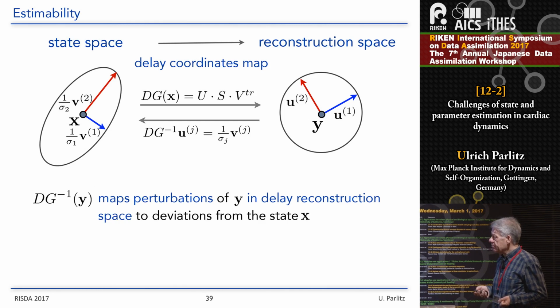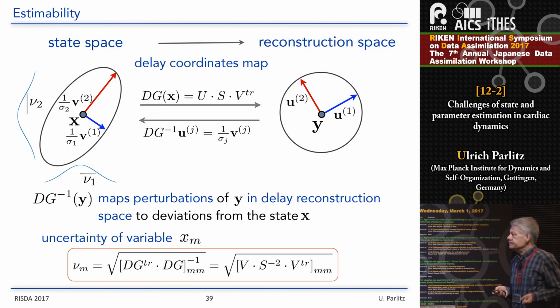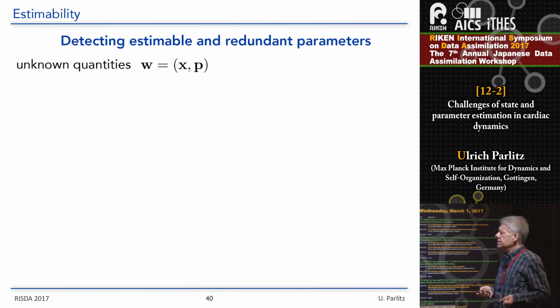And this inverse map maps perturbations in the delay coordinate space back to the original state space. So if you have a noisy signal, for example, then you know how this noise will affect the estimation of x. And you can quantify this by a quantity we call the uncertainty, which is given by this expression.